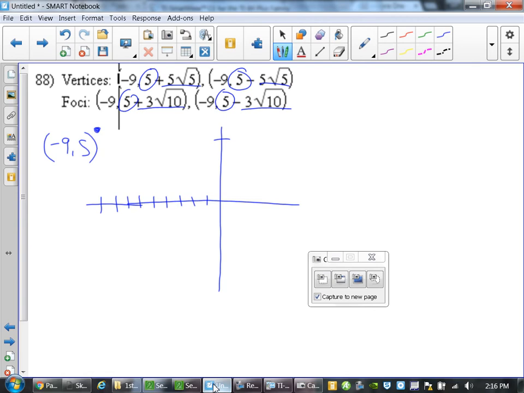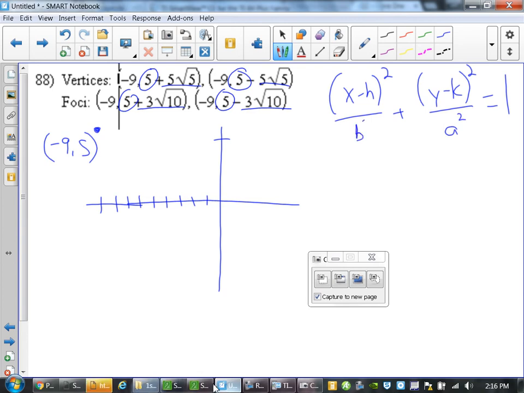Now I know the generic form: x minus h quantity squared over whatever, plus y minus k quantity squared over whatever, equals 1. That's got to be stretched vertically, correct? So the larger of the two numbers is going to go under the y term.